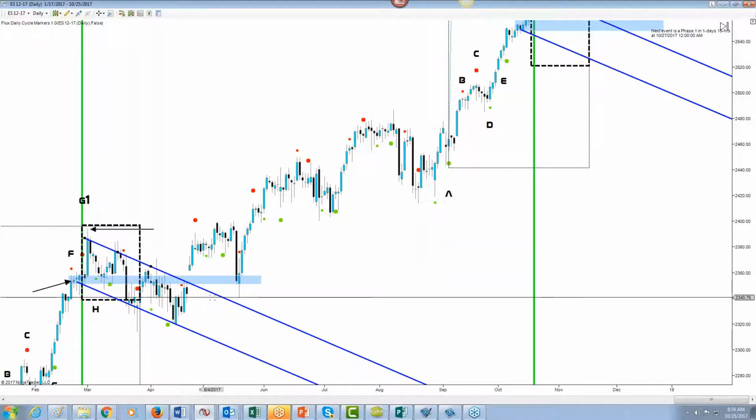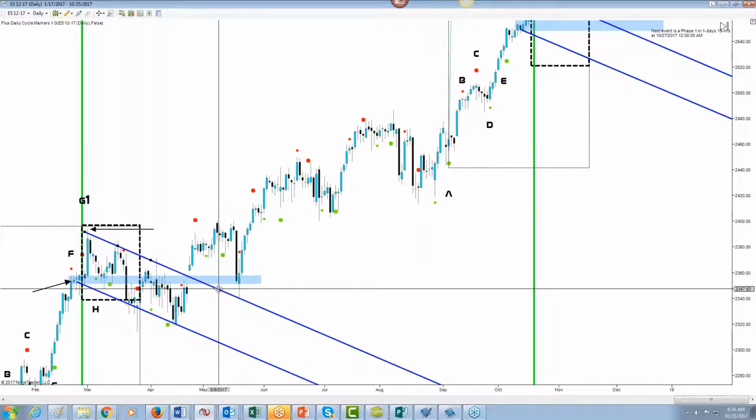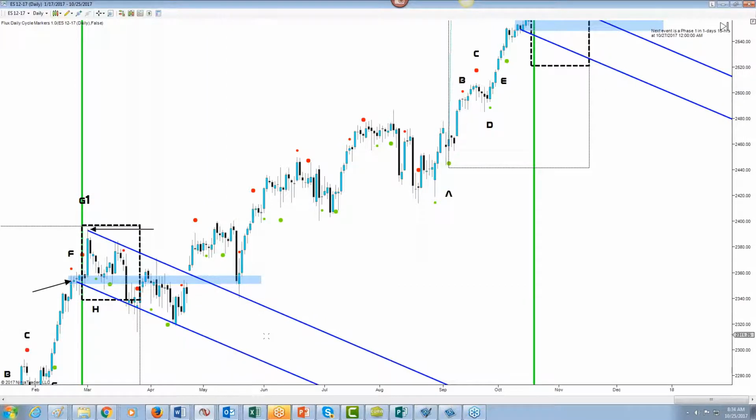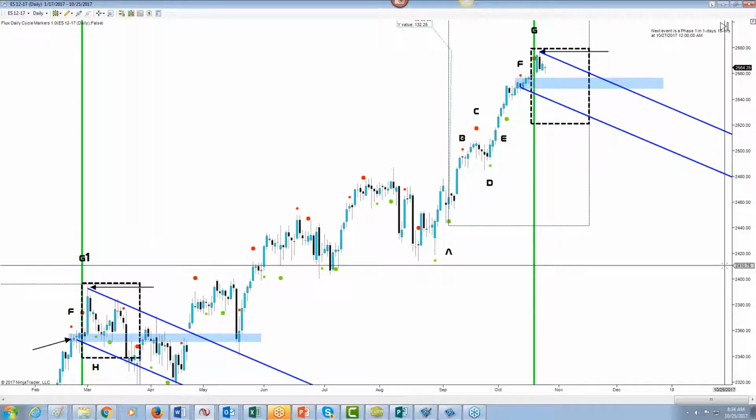You could make an argument for that, but I like it where it was because of that test right there. Okay, so I'm going to keep it where I had it. So that defines the upper range. All right. Cool beans.